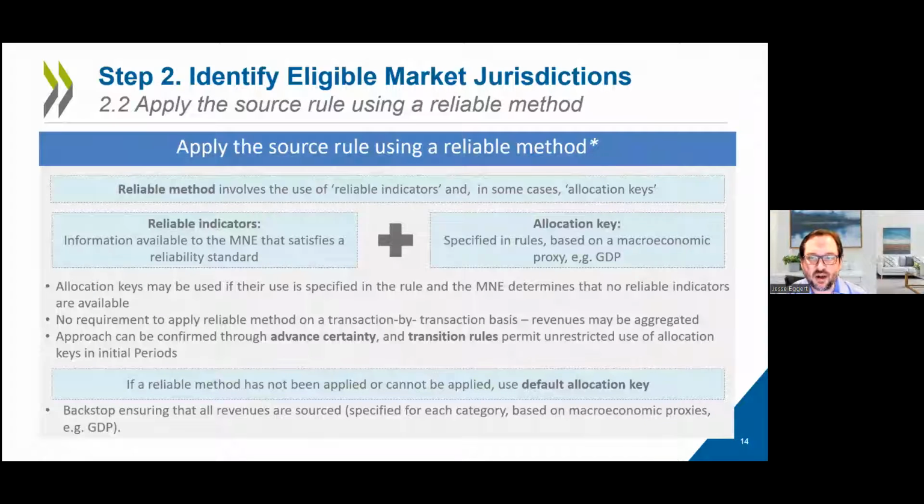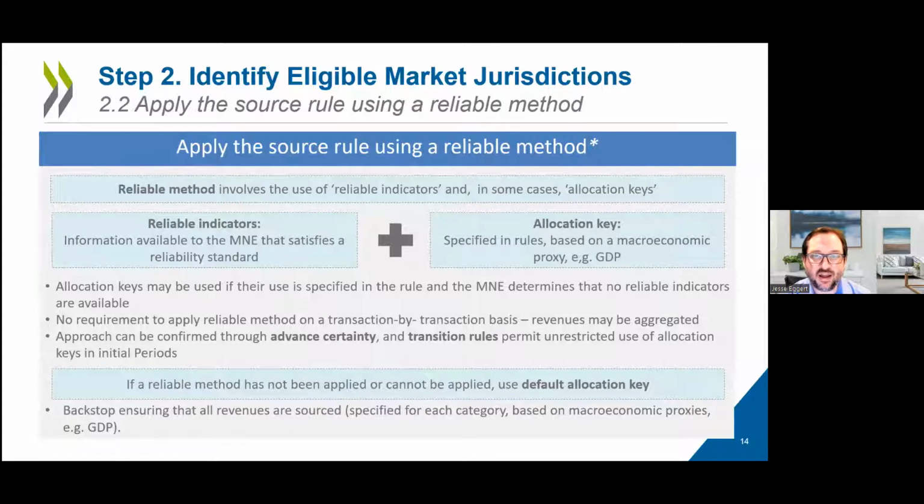There are also transition rules in the short term to make sure that while MNEs are getting up to gear, finding reliable indicators, getting those advance certainty requests, and making sure that they're able to operate the rules the way they're intended to operate, they'll in the short term be able to rely more on allocation keys without a problem.